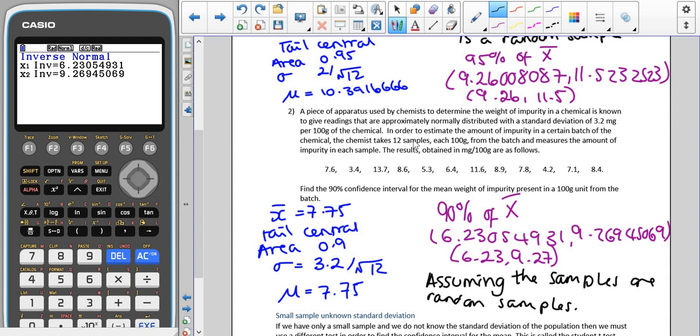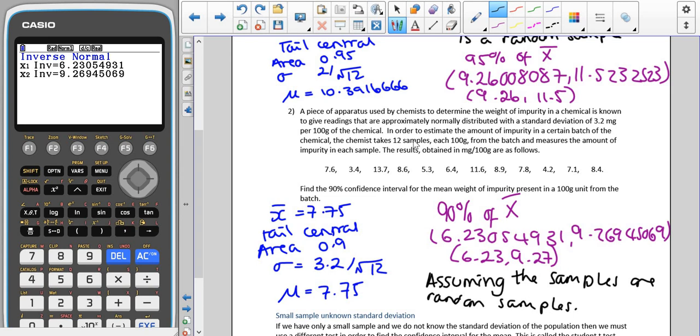So that's good. As I said, the standard deviation is 3.2. Our sample size is 12, and when we put all those numbers into our calculator, we get 7.75 for the mean from that sample. So again, in Dist, Norm, Inverse Normal, we have our tail being central, our area is 0.9 because that's our confidence interval, our standard deviation is going to be 3.2, which was the standard deviation of the population, divided by the square root of 12, and our mean is 7.75.